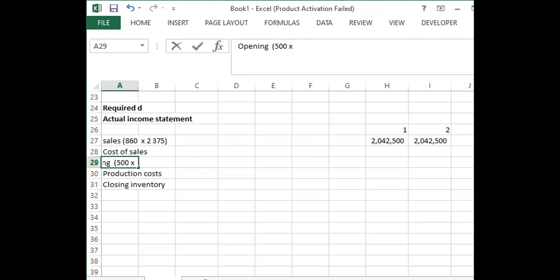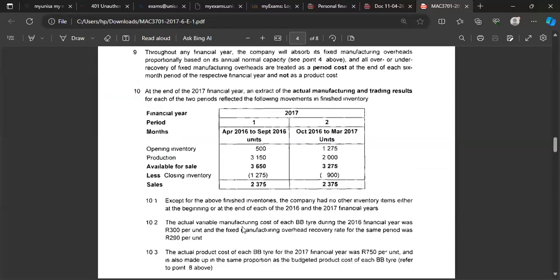So that's what we want to fetch now from the scenario. Actual variable manufacturing costs for BB is 300 per unit, and then the fixed manufacturing overheads rate for the same period is 290.